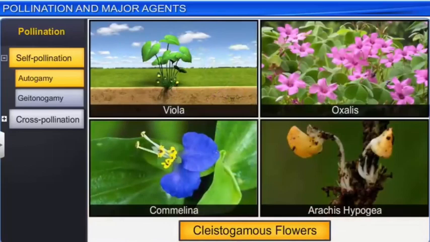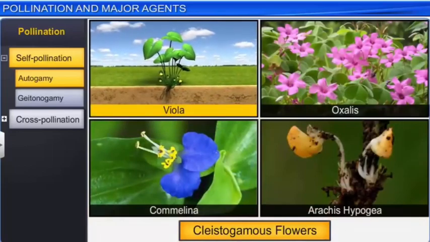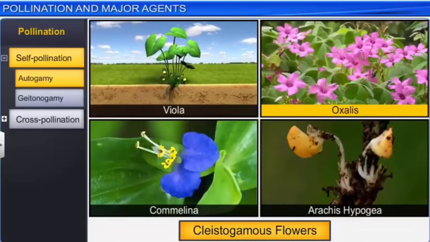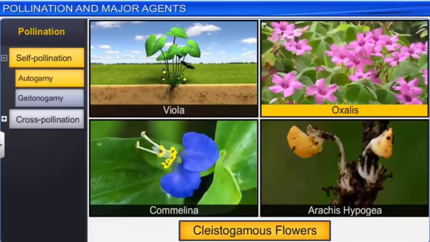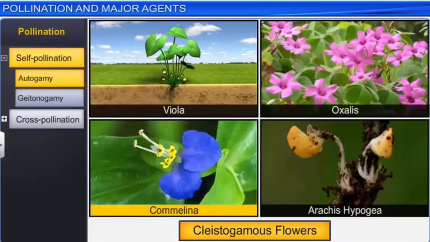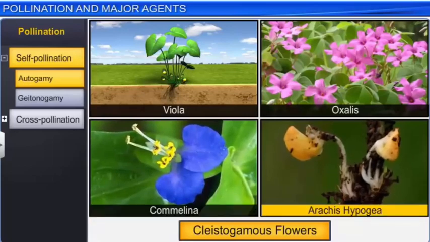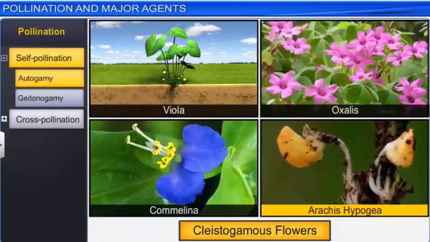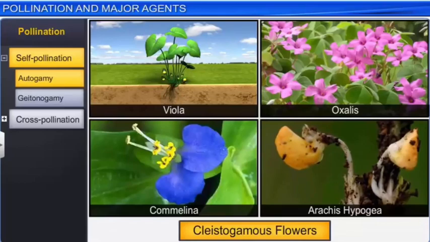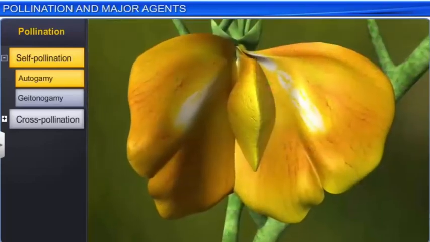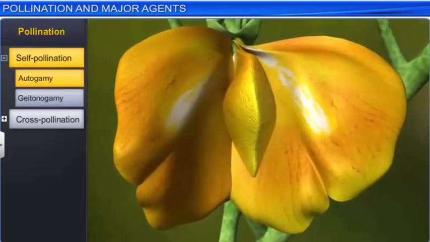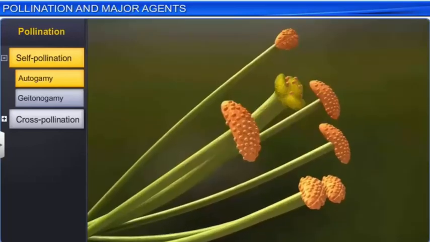Produced by plants such as viola, oxalis, camelina, and Arachis hypogea or peanut. The anthers and stigma of these flowers lie very close to each other.